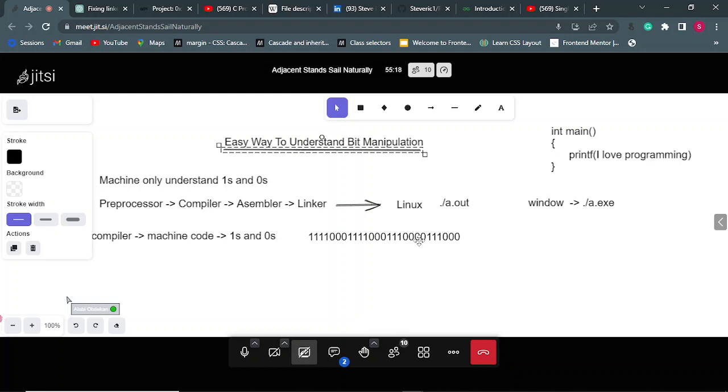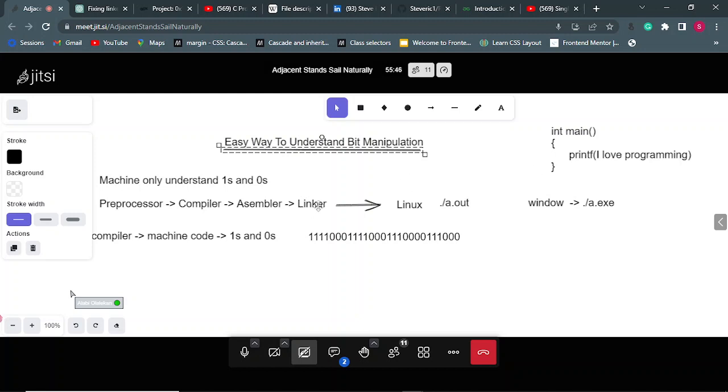After it's done with the necessary thing, it will then transfer it to the linker. The linker will now link this code, this 111 000 like this, and convert it to what human beings understand. Now we want to see I love programming on the screen.